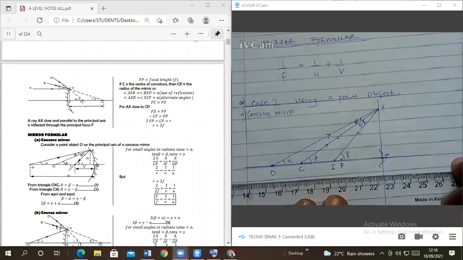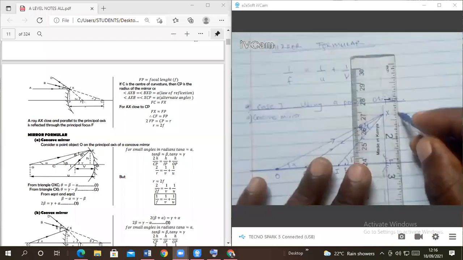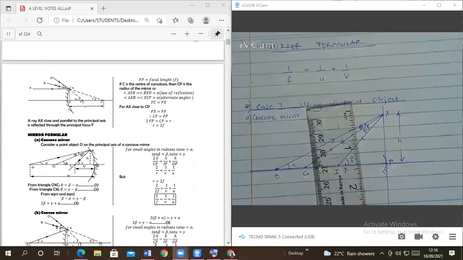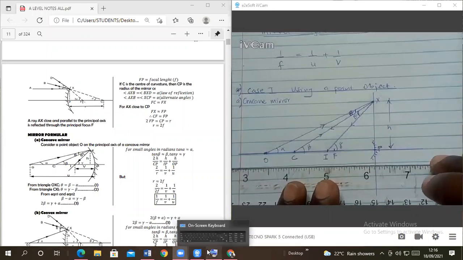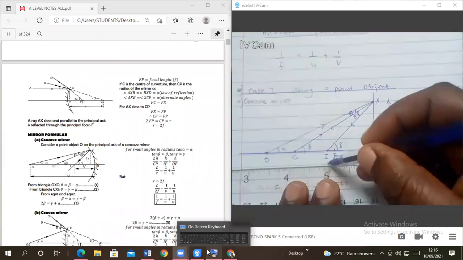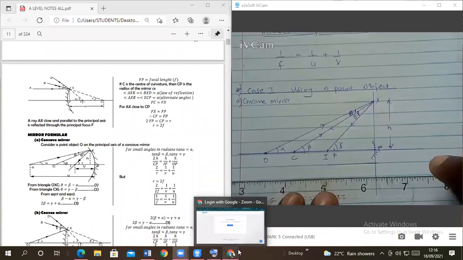Now, if this is h, I can draw it there. So this is h. Okay. Then this distance between I and P is the image distance. This one, we have the image distance.